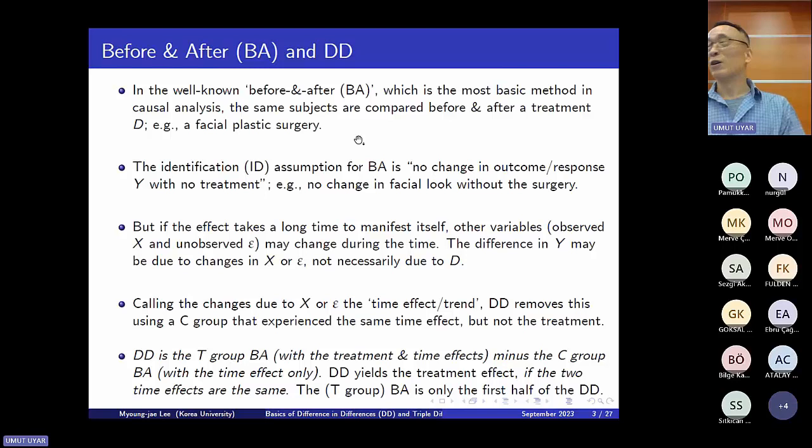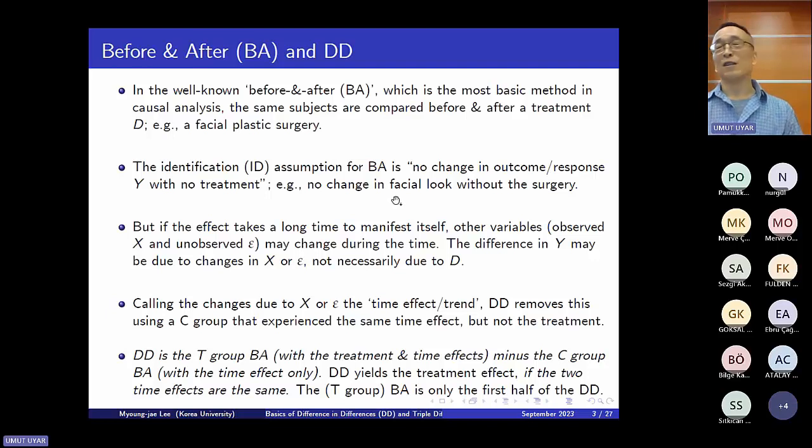You just compare photos of people who had received this surgery, before and after. The critical identification condition for BA is that there should be no change without the treatment. That's the main assumption behind BA.